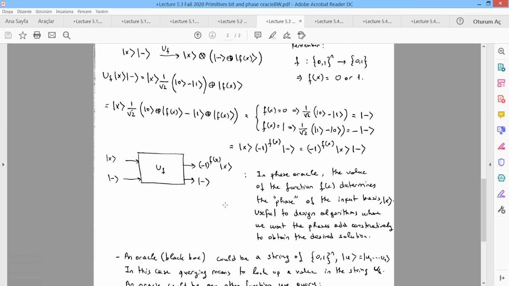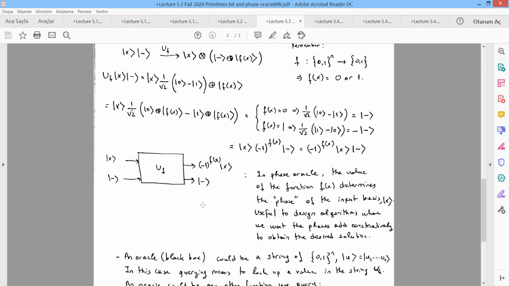It's going to be very useful to design algorithms, and in these algorithms, as we said, we want the phases to add constructively to obtain the desired solution. So it will be very useful to have the value of the function come as a phase of this |x⟩ state. It may be a little confusing without seeing an actual implementation.